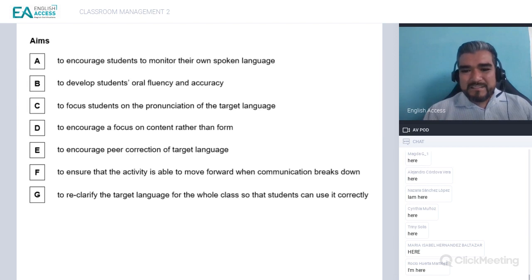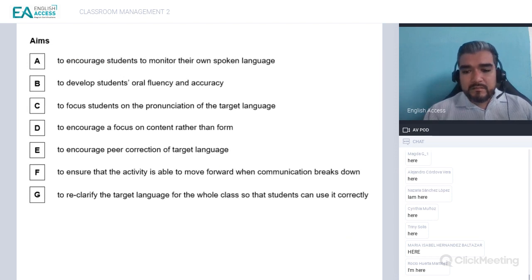Okay, so we have here given feedback. And over there, on the board, we have one activity we're going to do. It says, "What is the purpose of this?" So we have here to encourage students.